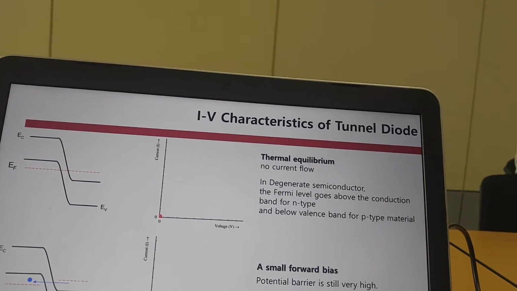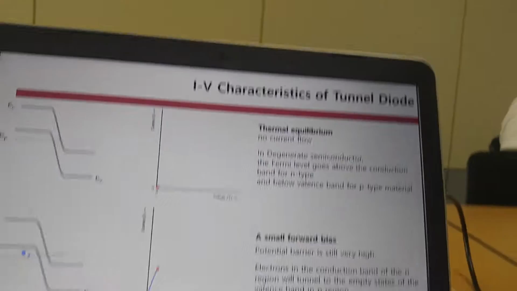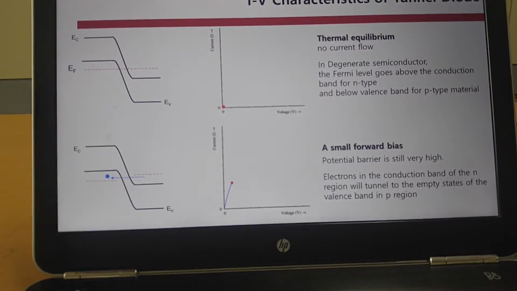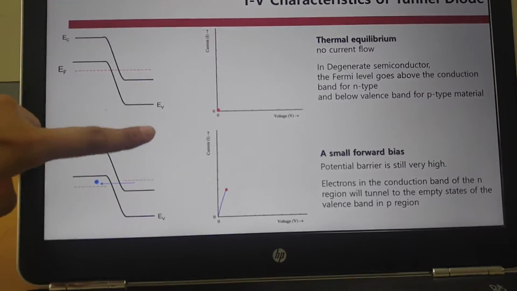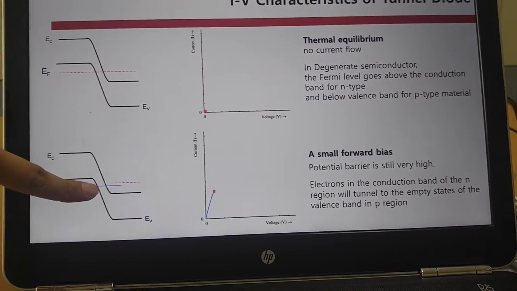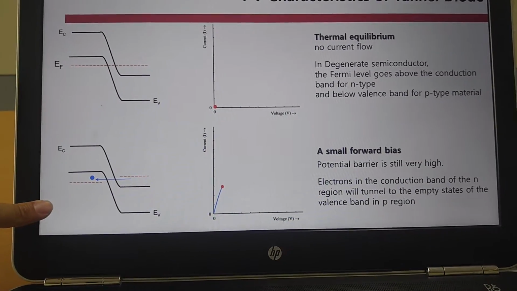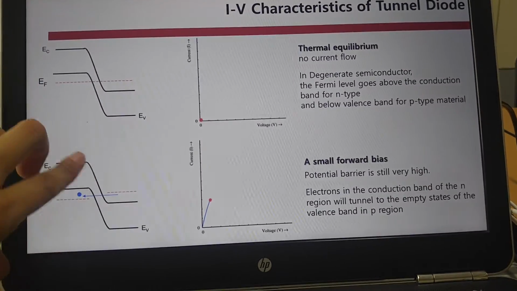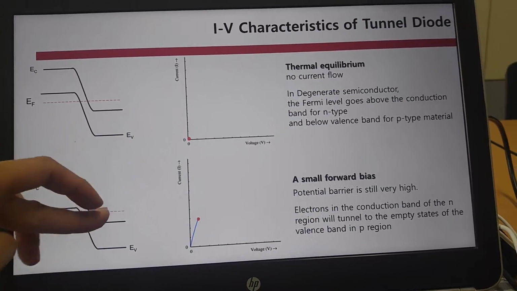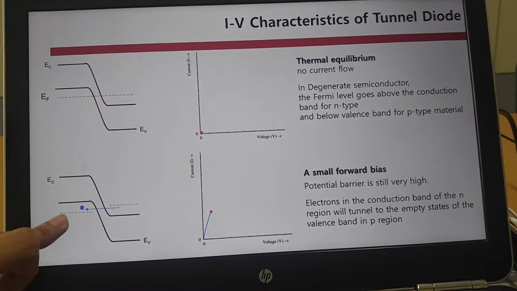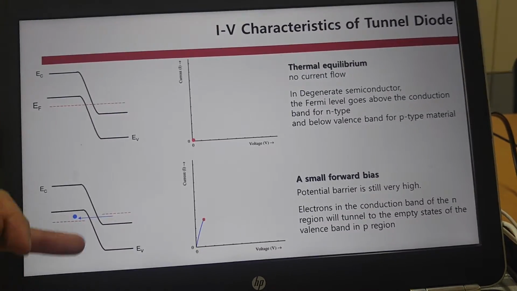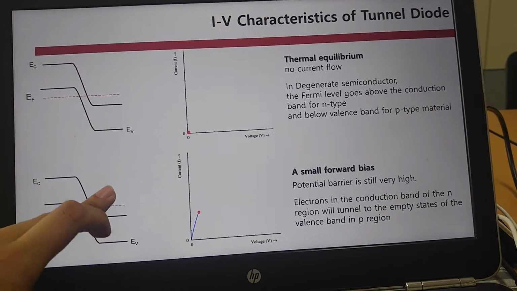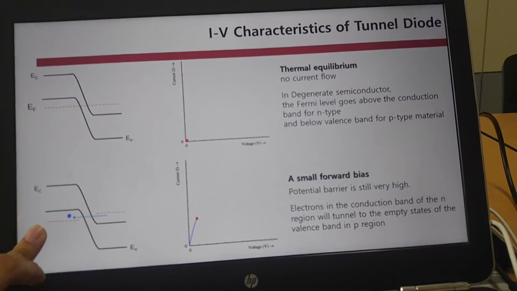If a small forward bias is given to the device, electrons in the conduction band of the N region will tunnel to the empty states of the valence band in the P region, because the Fermi level is higher than the P-side valence band. So it is very easy to tunnel through.